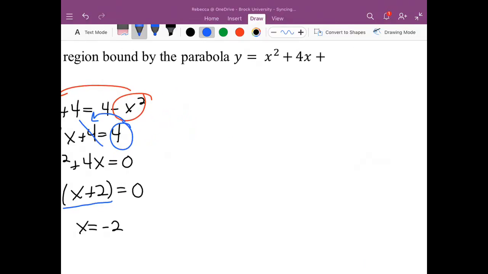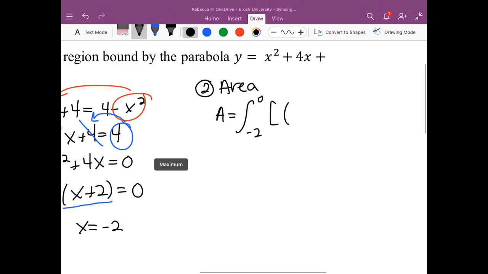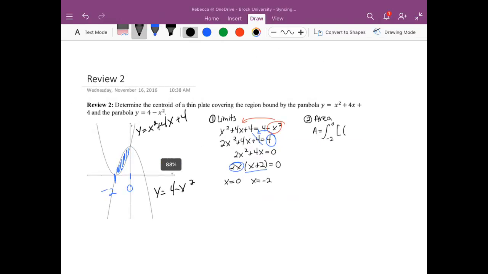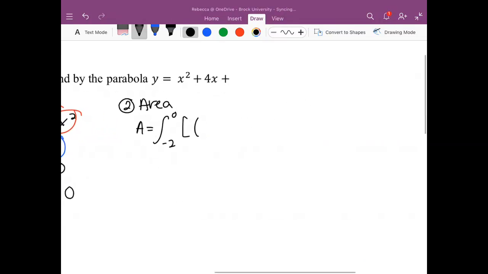So my second step is to calculate the area. I'm going to calculate the area of that plate. So I use my area formula, again from negative 2 to 0. My y2, my top one, is actually the parabola that goes down, is my top line. So that is going to be 4 minus x squared.